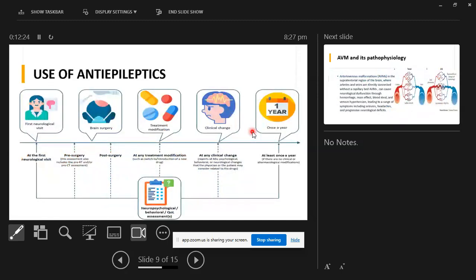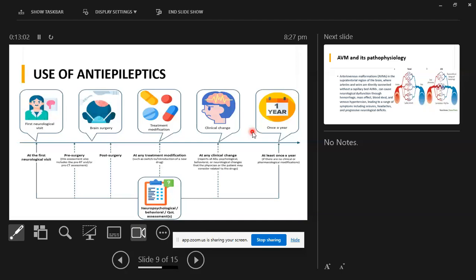Okay. Anti-epileptics are frequently prescribed in patients undergoing surgery for supratentorial brain tumors. We may use them prophylactically to prevent seizures and therapeutically to control seizures. While prophylactic use before surgery is common, there is no strong consensus on its effectiveness, and some studies suggest it may not significantly reduce the risk of seizures.